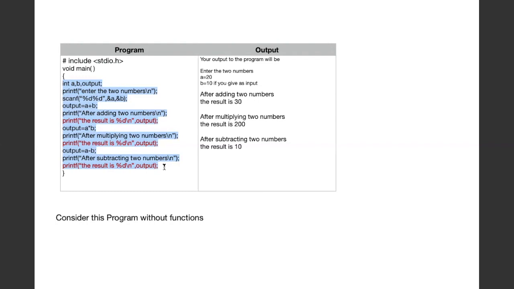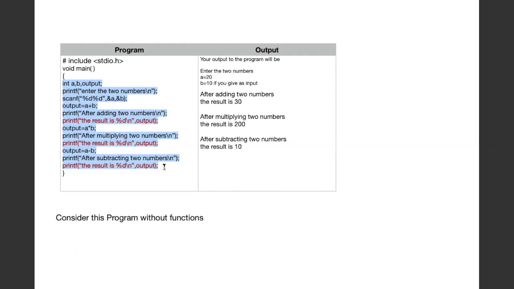So if you write additional functions, that will resolve this issue. You know that this particular program performs 3 tasks: addition, multiplication, and subtraction. If we can separate these tasks into separate functions, that means if I have to perform addition, I write a separate function.